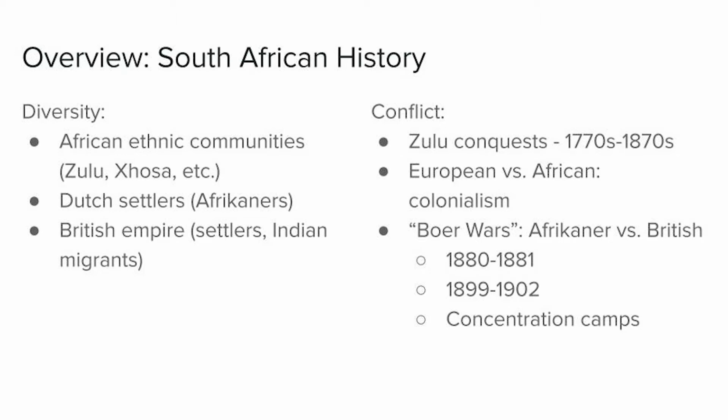They conquered other groups, and groups that weren't conquered by the Zulu were sometimes pushed further inland. So there was this increasing pressure of conflict as groups moved inland to escape from the Zulu, the Mfokane in the 18th and 19th centuries.